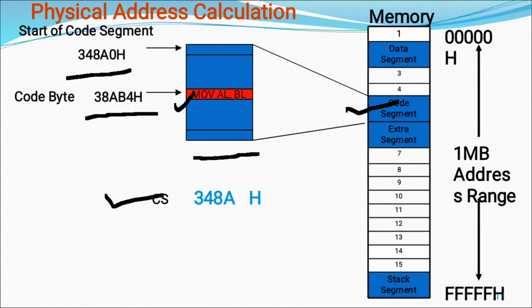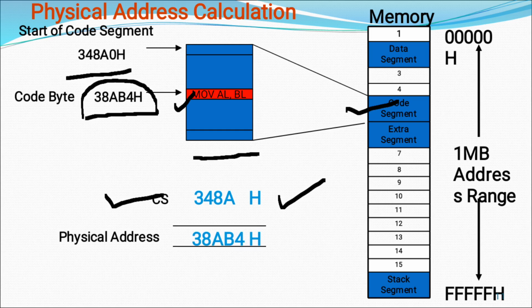For this purpose, we have to calculate the physical address. The physical address will be 38AB4. We are going to discuss how to calculate this physical address. For this purpose, we have to access the code segment register and instruction pointer. We know that the content of the code segment register is 348A, and we know that the physical address will be 38AB4.